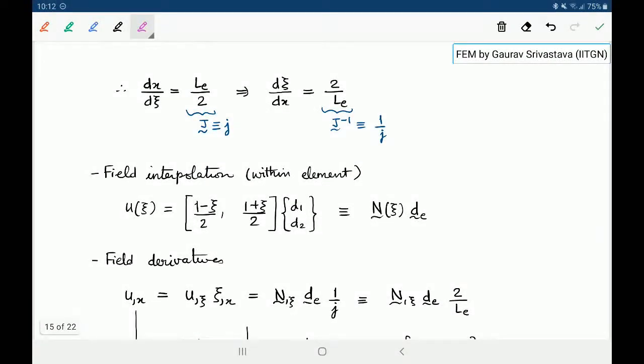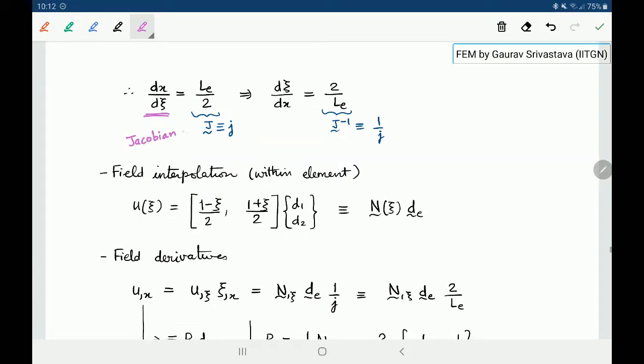And you can recall from your earlier calculus course that this dx by d psi in the multivariable calculus coordinate transformation is called the Jacobian or J of coordinate transformation, and this inverse is the inverse of the Jacobian.